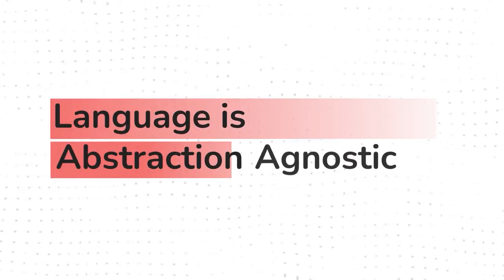The thing that's most relevant to the question I was originally asking that I've learned in this conversation is that language is abstraction agnostic. Maybe I'll think of a better way to say that, but it does not lose its efficacy at any level of abstraction as long as it's representing something real. Yeah, it has the ability to move through layers of abstraction.